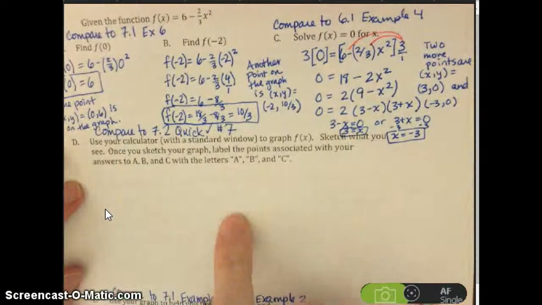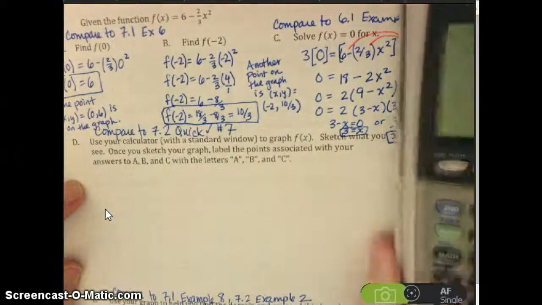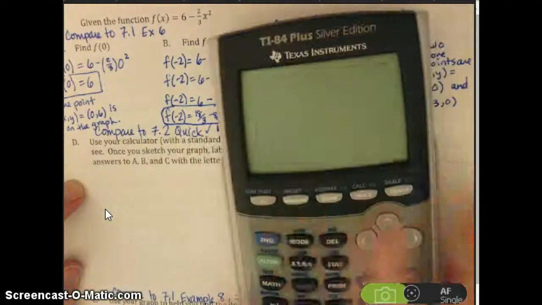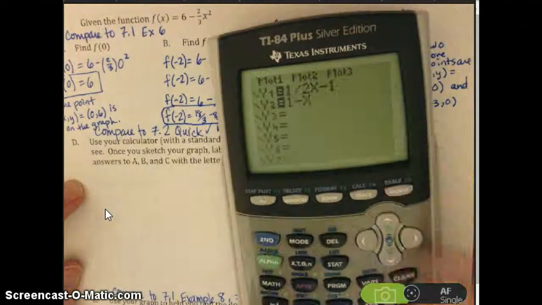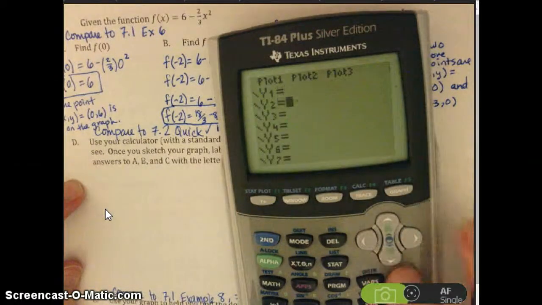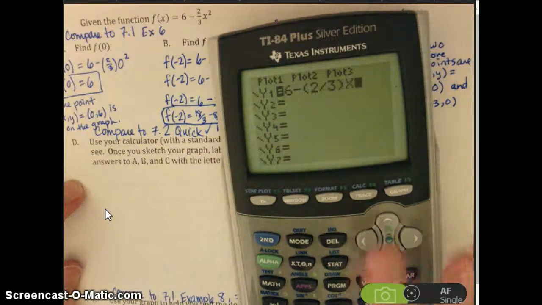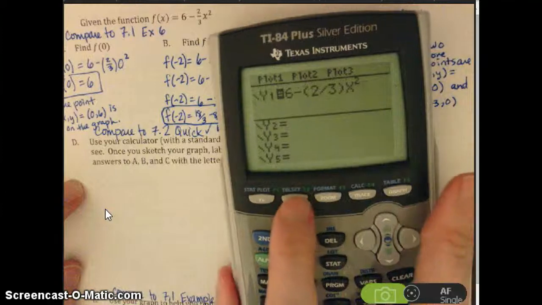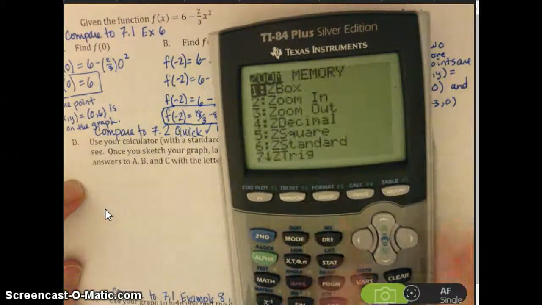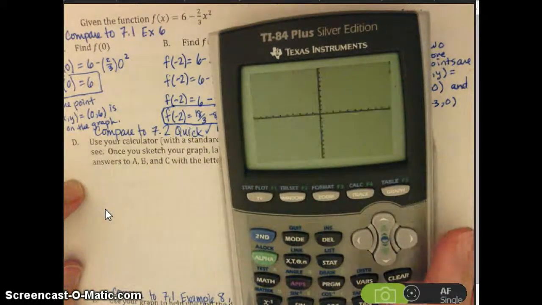Okay, so now on to part D. Clear this out from the last problem I was working on, and I've got 6 minus 2/3 x squared, and the instructions said to graph with a standard window, so zoom standard.